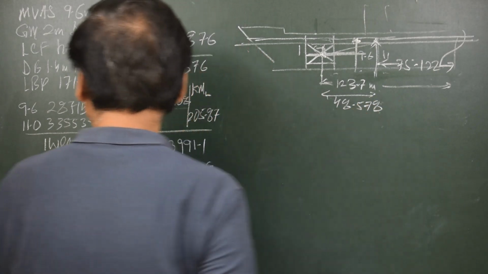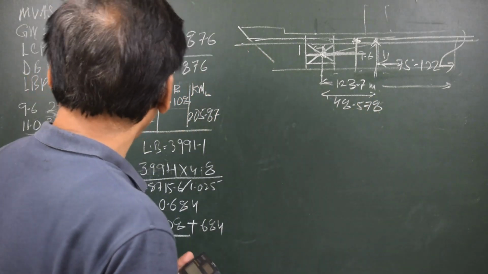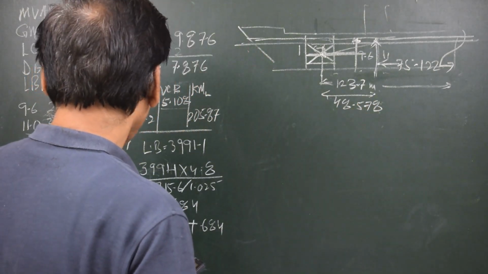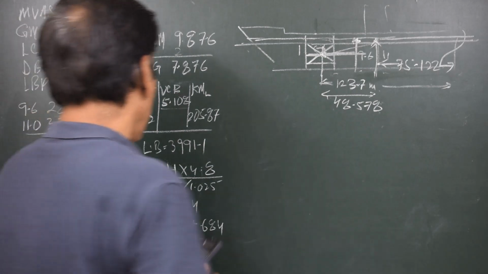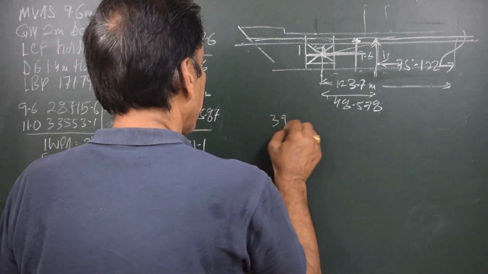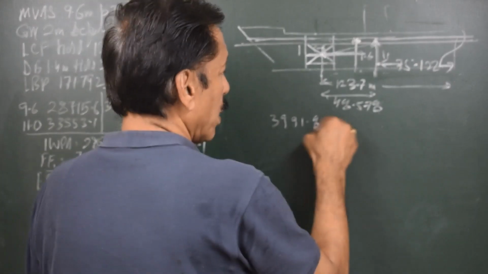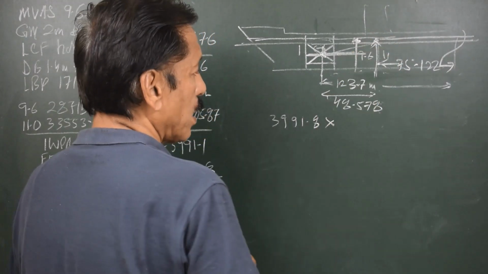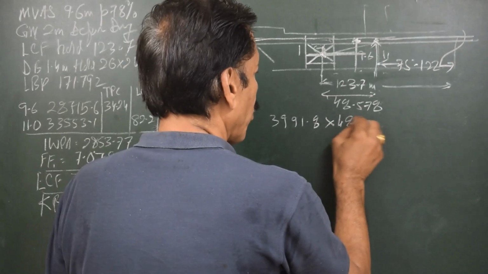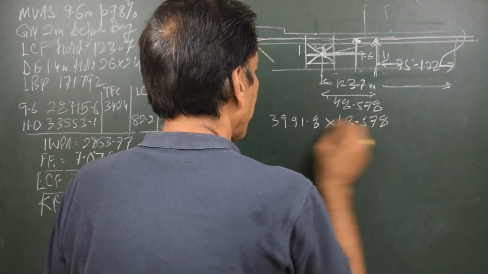So this distance is 48.578. We have lost a buoyancy, and that lost buoyancy is equal to 3991.1, and longitudinally the lost buoyancy is replenished at this point, and that distance is 48.578, right?